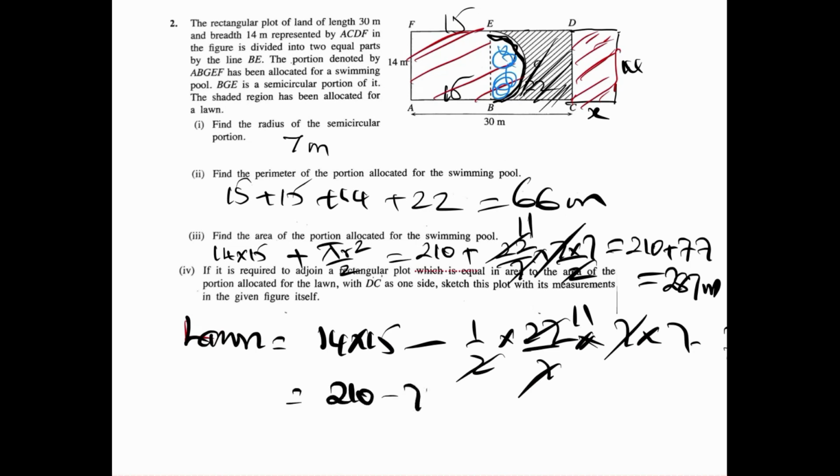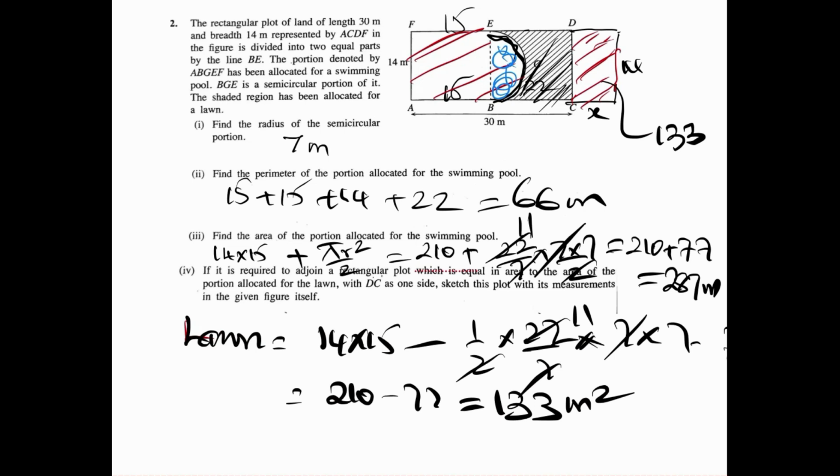210 take away 77 is equal to 133. Therefore this area is also 133 meters squared. You can see from here this side is 14.